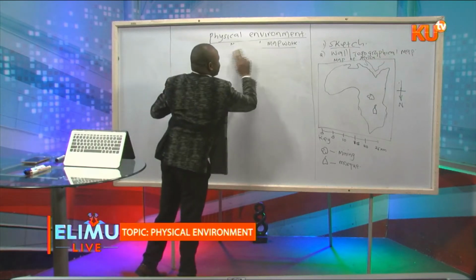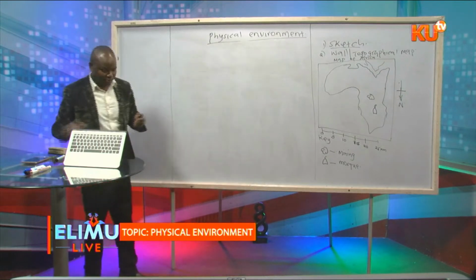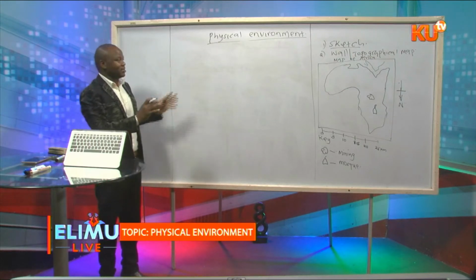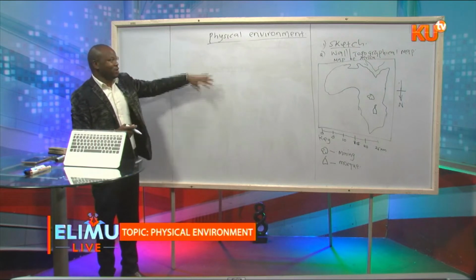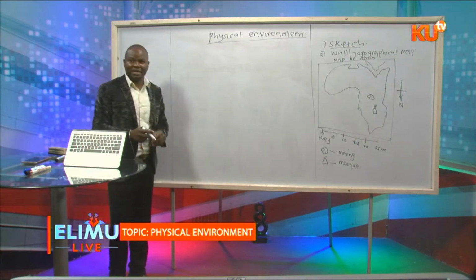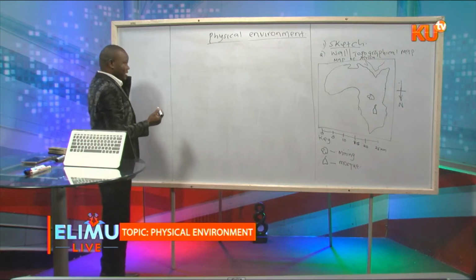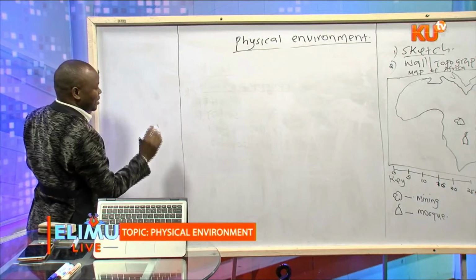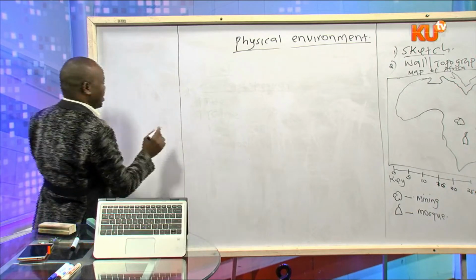Maybe for much explanation, I can get the slide to come, so that you can see what I've been explaining here for you to understand better. But before that, let me still take you through this. We are going to discuss one by one. So let me first start with the compass.